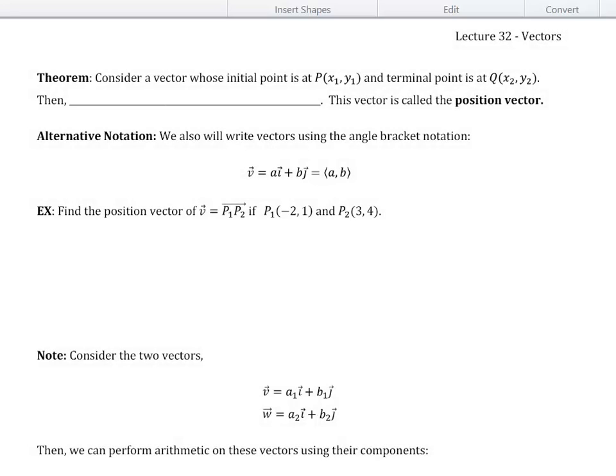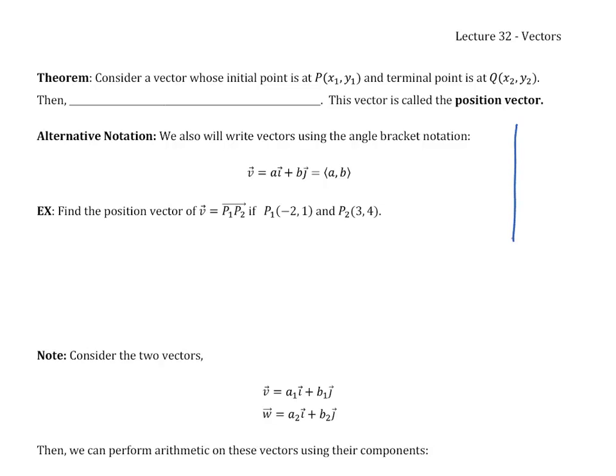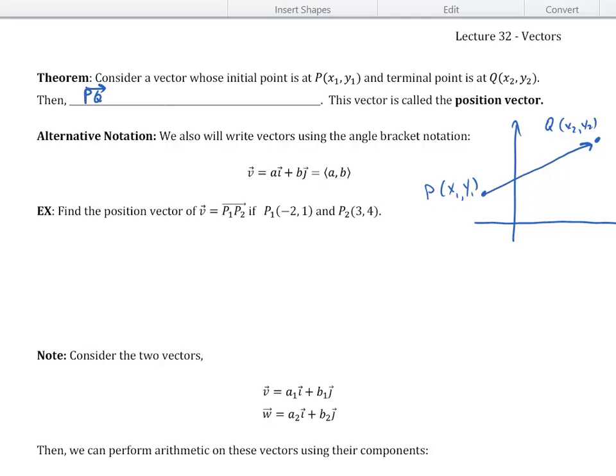Now alternatively, if the vector is not starting at the origin, say it starts over here at a point x1, y1, and ends over here at a point x2, y2, and we want to look at the vector that goes from this point P to this point Q, then the vector represented by PQ, we've got to break it down into its components.